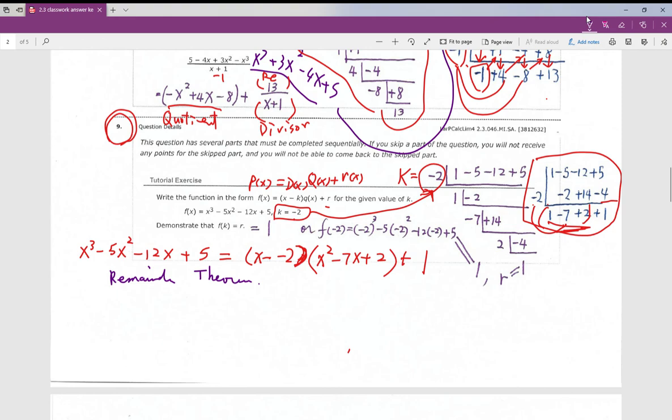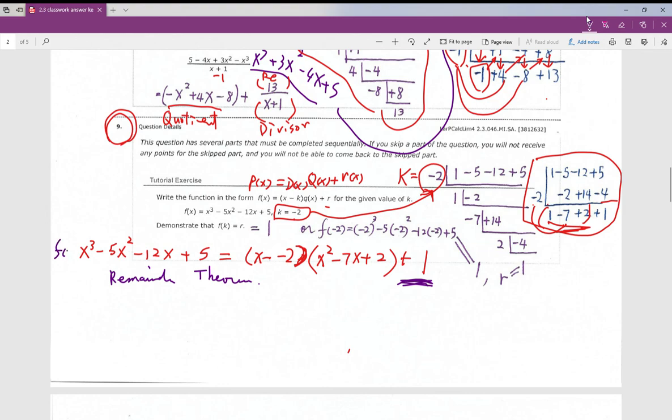I can easily find the remainder without using division. If you want to find the quotient, then you do need to do division. But if I only ask you to find the remainder, you don't need to do division. Why?